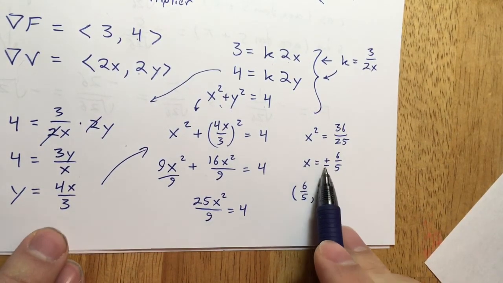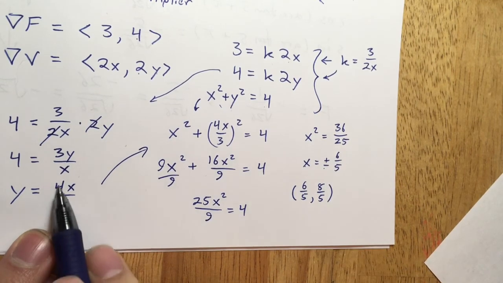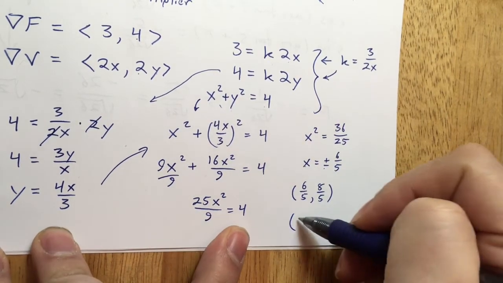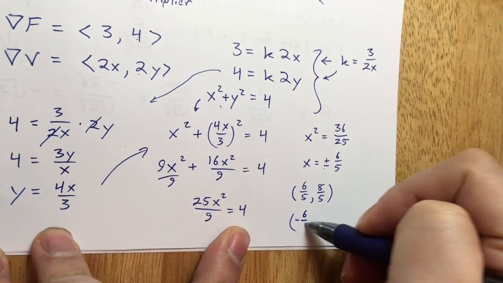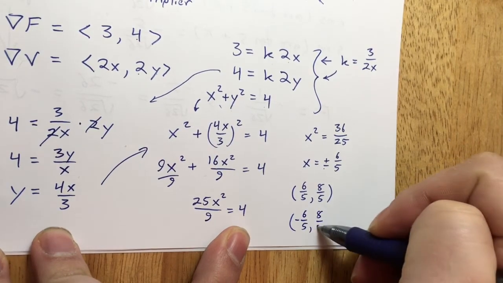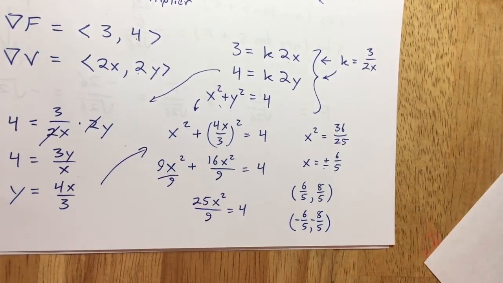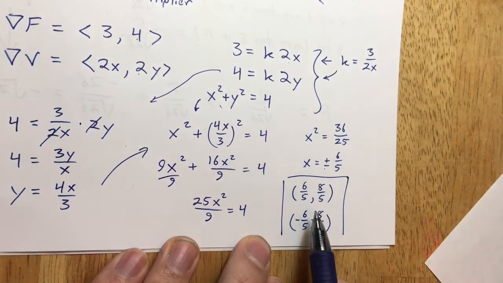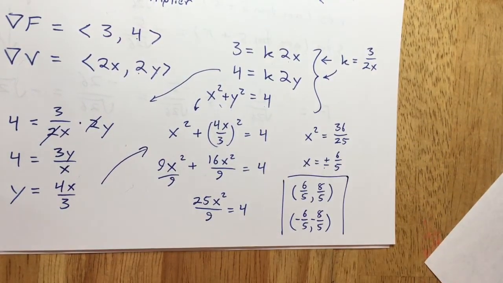But when x is negative 6 over 5, y is 4/3 of that, right? So that's negative 8/5. So when x is negative 6/5, y is negative 8/5. So these are my two solutions. These are the two solutions to my Lagrange multiplier problem.